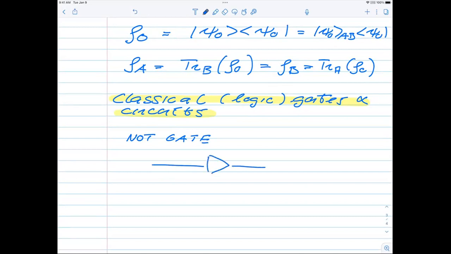So you have an input, X, and you have an output, Y, and that has a so-called table here of incoming values and output values. So if I have 0, this gives 1, and I have 1 and 0. So this is an example of what we call a reversible operation, in the sense that knowing Y, we know what the input was.